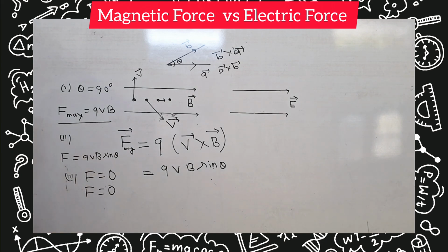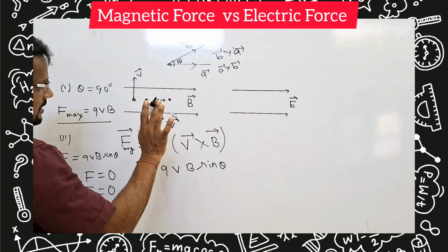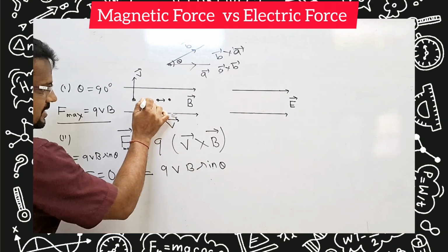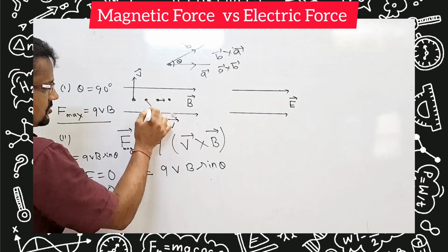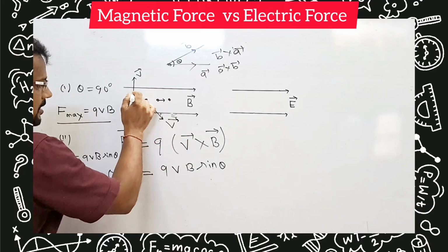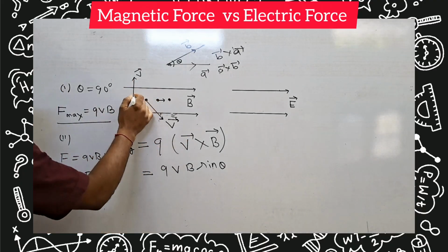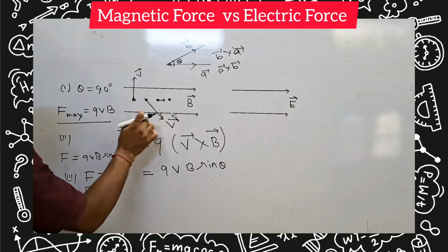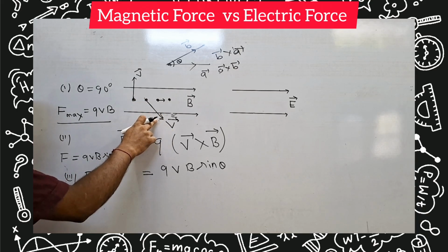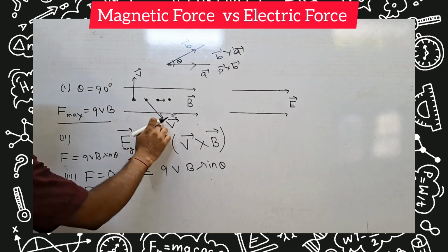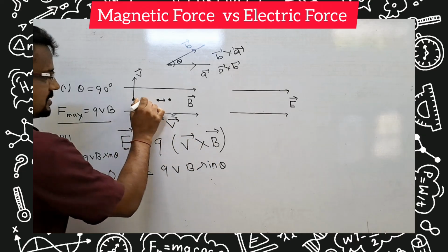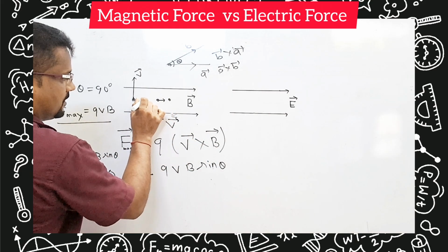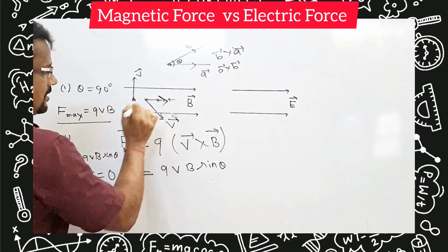Next come here, say V cross B. Here, this is the direction of your V. In this case, let us calculate the direction of V cross B. This is your V and this is your magnetic field, the direction of the magnetic field.